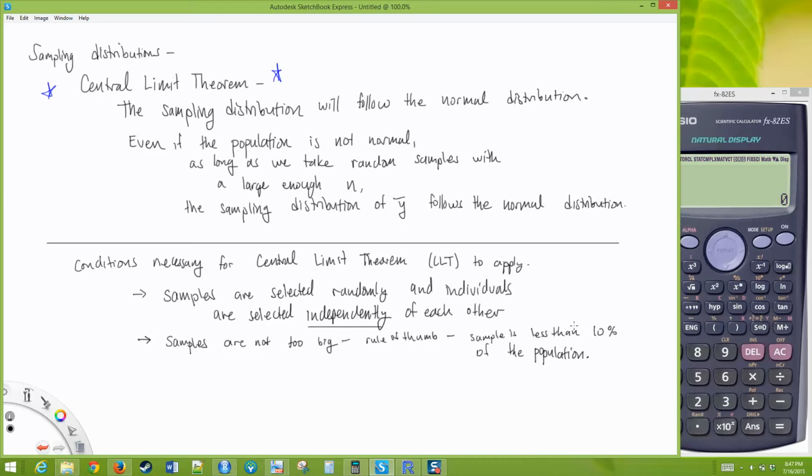But let's say you've taken out 10 cards, okay? Then what remains in the deck could be significantly altered by what you've already selected. So that's why we say don't take samples larger than 10% of the population, because then you start messing with the idea that the individuals are selected independently, meaning once you select too many of one or another, it increases the probability of other individuals being selected from the population.